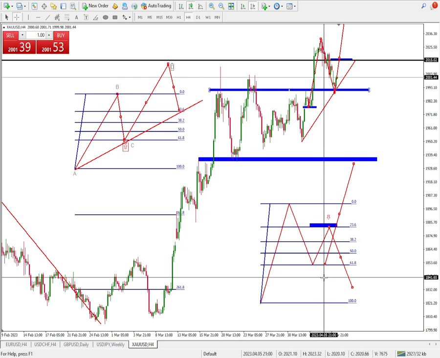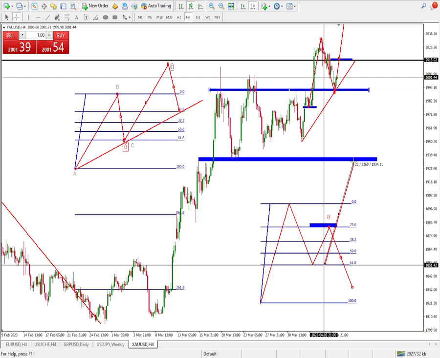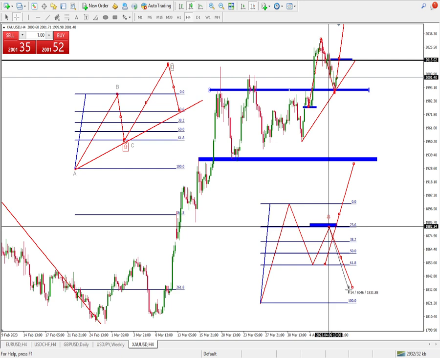You have to identify if this is going to continue or it is going to stop right here and come back down from here. This whole is your duty, and this is what I'm going to teach you in these lessons or in these sessions.